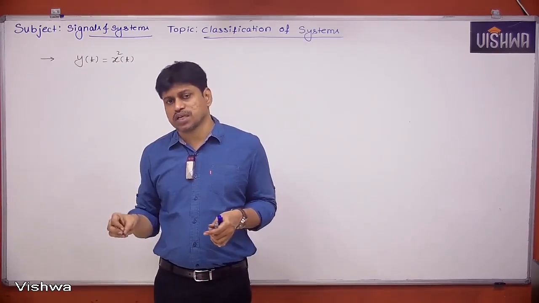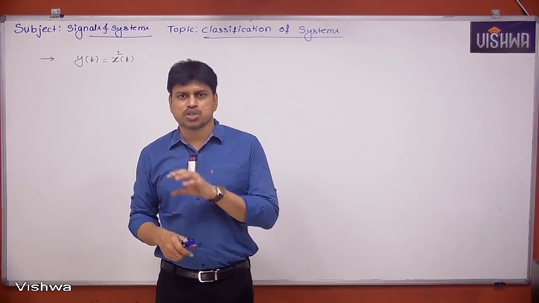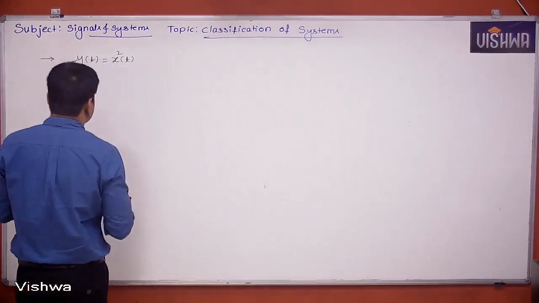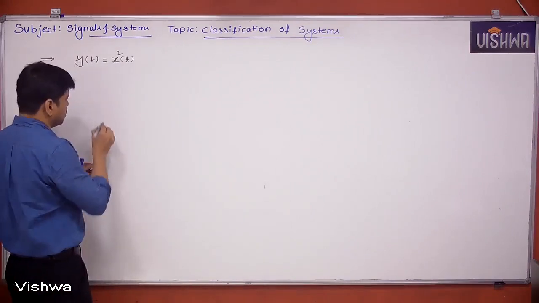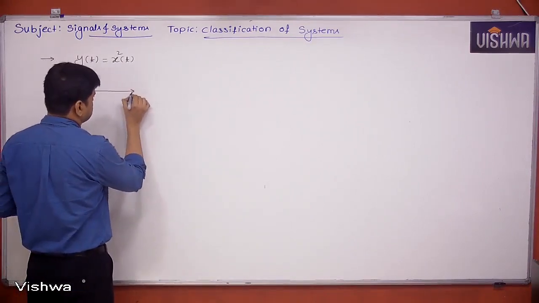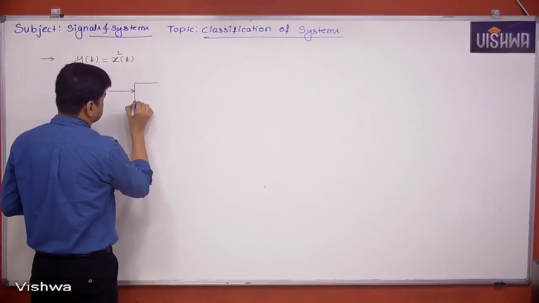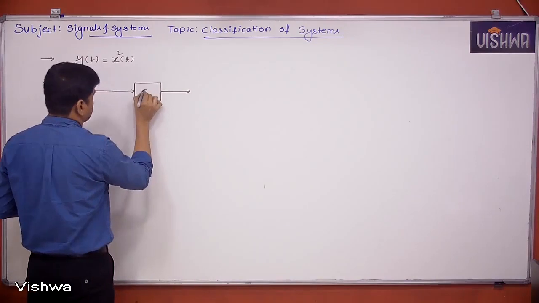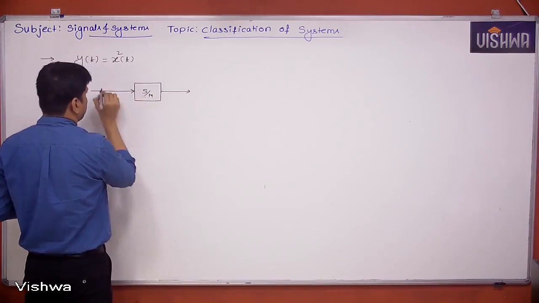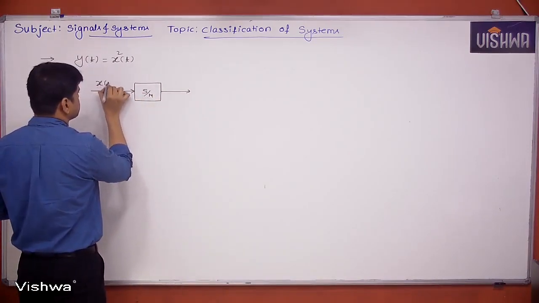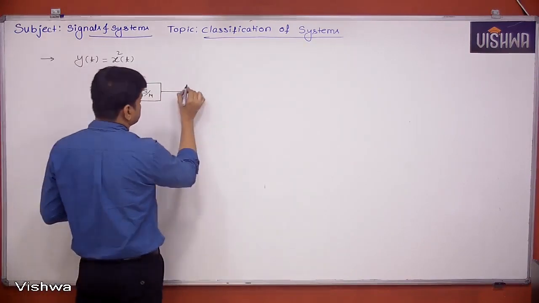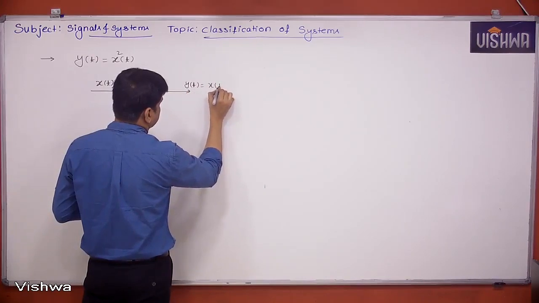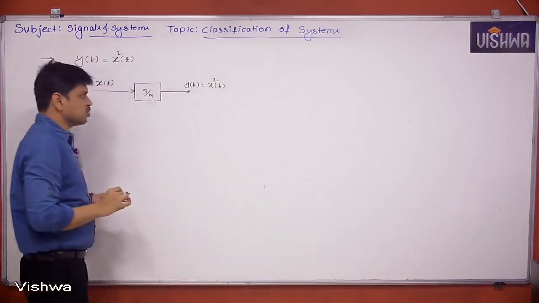Whatever the input you give, it doesn't matter, it will simply square it and give us the output. So if the input is x of t, the output is y of t, which is x of t square. Simply squaring the input, that's the meaning of it.